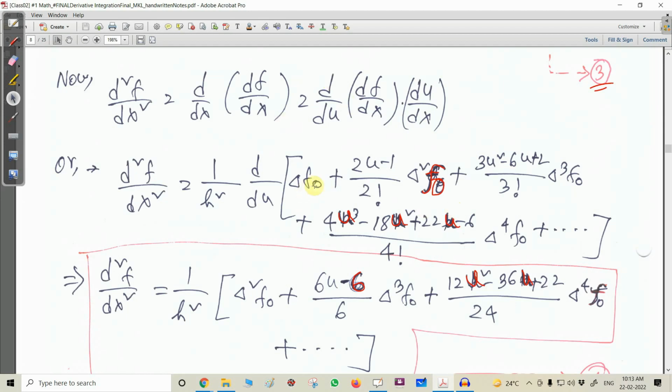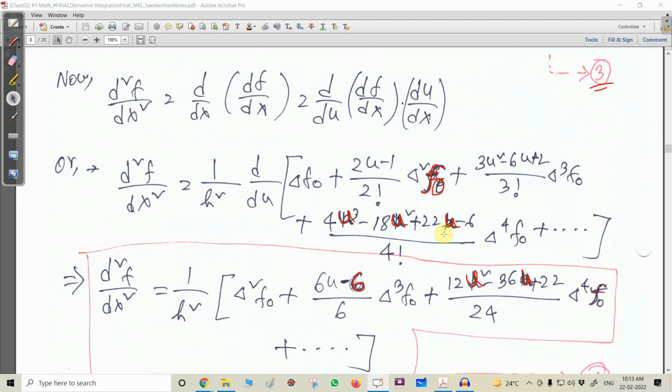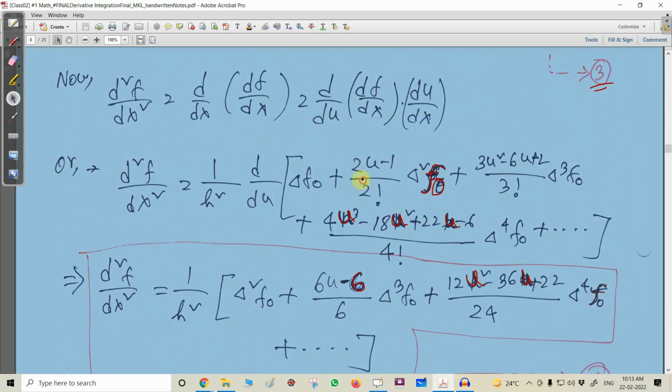So if you take the d du of delta f0, what will happen? The d du of delta f0, tell me. So suppose you take d du of delta f0, what will happen? It will give you 0. Is the derivative understandable or not? So from this term you are getting d du of u squared, basically 2u, and the 2 below also comes, so that will nullify.